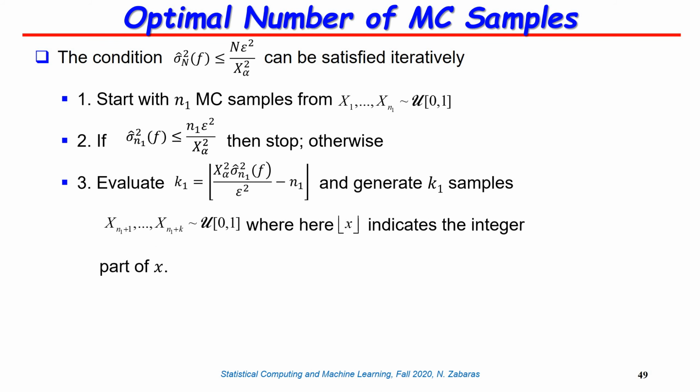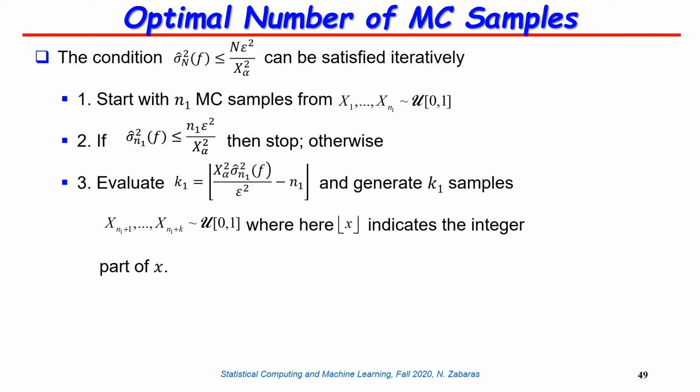Otherwise, you will have to evaluate how many extra samples you will need to take to make this happen, and the number of extra samples will be x alpha squared times the variance of f divided by epsilon squared minus n1, where these brackets indicate the integer part of the number inside the brackets.